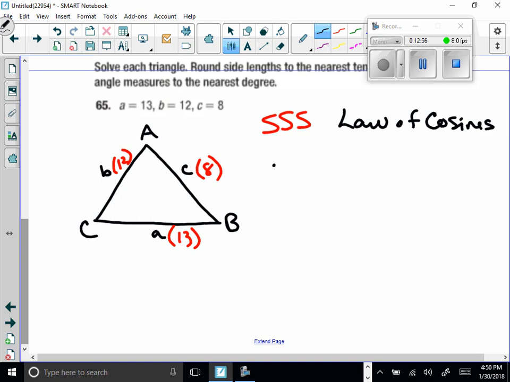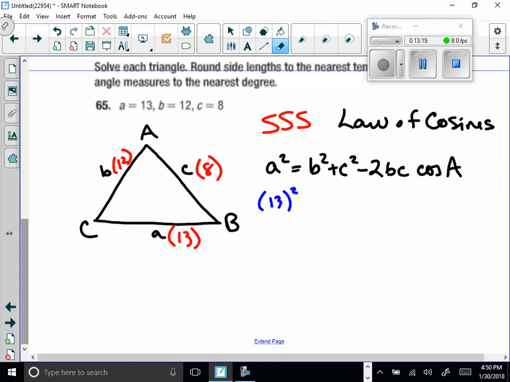So I have a squared equals b squared plus c squared minus 2bc times the cosine of angle A. I'm going to solve for angle A this way because I already have all the A, B, and C here. So A was 13, B is 12, and C is 8.